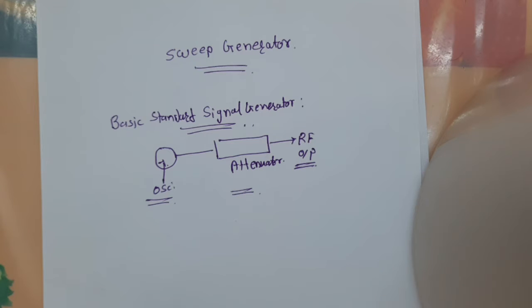Again, in the standard signal generator, there is an RF oscillator, amplifier, attenuator, and in between these there is an external oscillator and modulation oscillator. Then we discuss the modern laboratory signal generator.